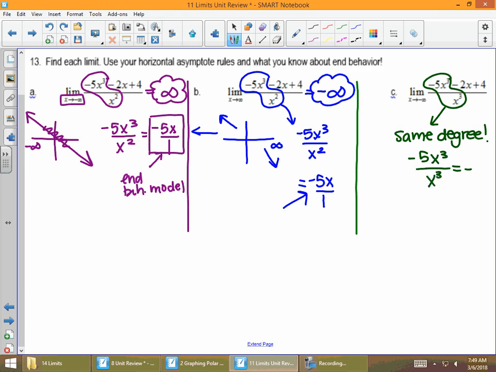The x cubes cancel and I get just negative 5. So that's our horizontal asymptote. And that is what this graph is trending towards as we go to negative infinity and to positive infinity. So the limit as x approaches negative infinity of this function is negative 5. So look at those details, take those leading coefficients, and ignore everything else.